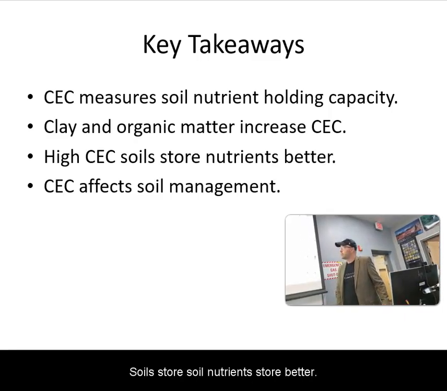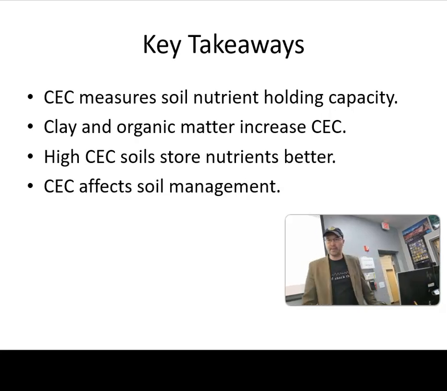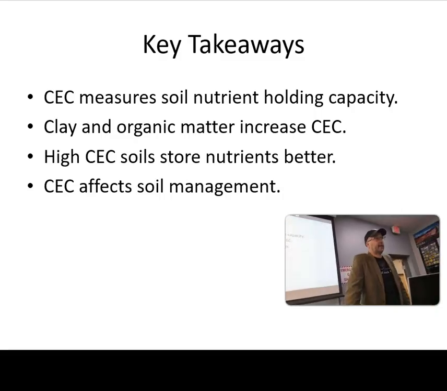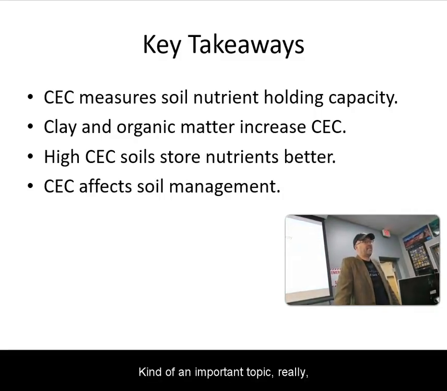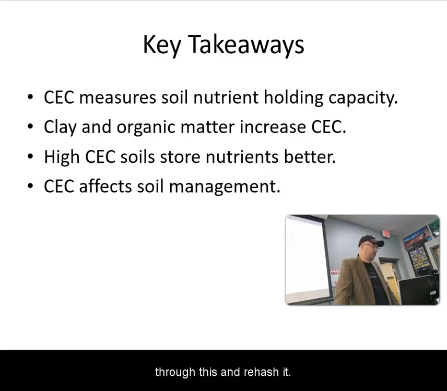In high CEC soil, nutrients store better, and CEC affects soil management big time. Okay, any questions on CEC? Kind of an important topic, really, when it comes to soils. So hope you'll go back through this and rehash it.